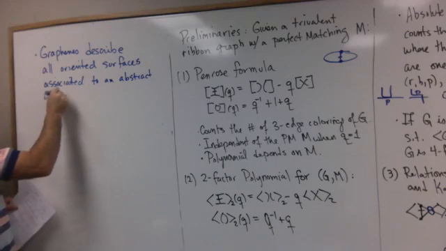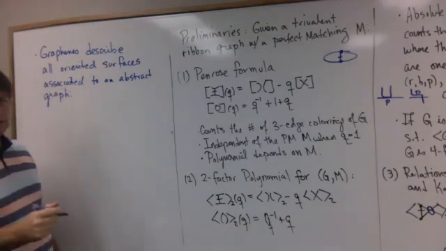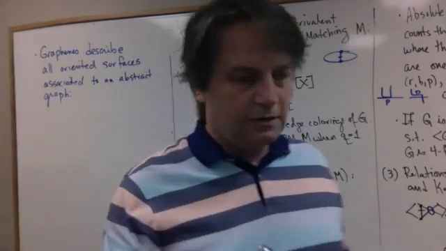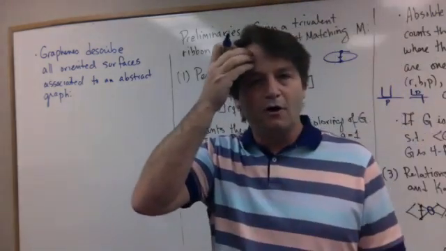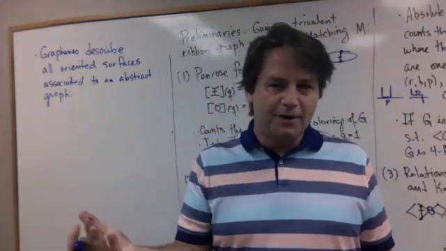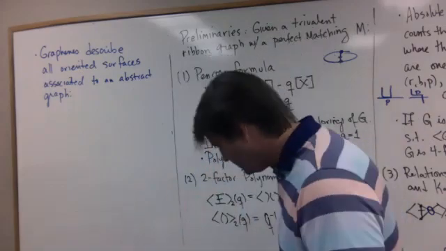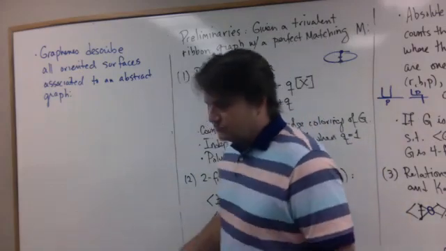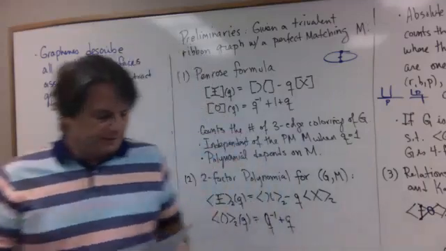What do I mean by that? So here you want to be able to go all the way down to, so we're not really in knot theory or topology. We're thinking about just abstract graphs. So let me give you an example.